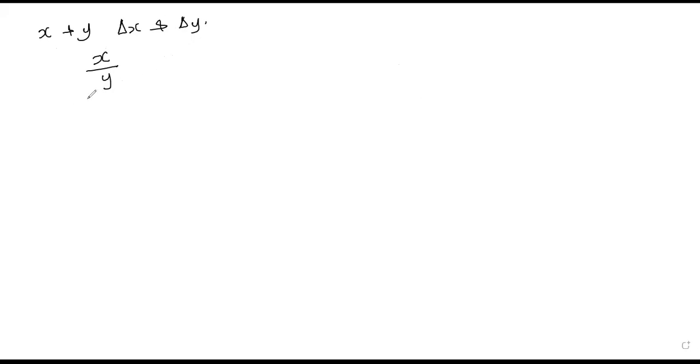They have given us the quotient, so they want us to prove that the maximum error is given by magnitude of Y, magnitude of delta X, plus magnitude of X, magnitude of delta Y, out of Y squared.